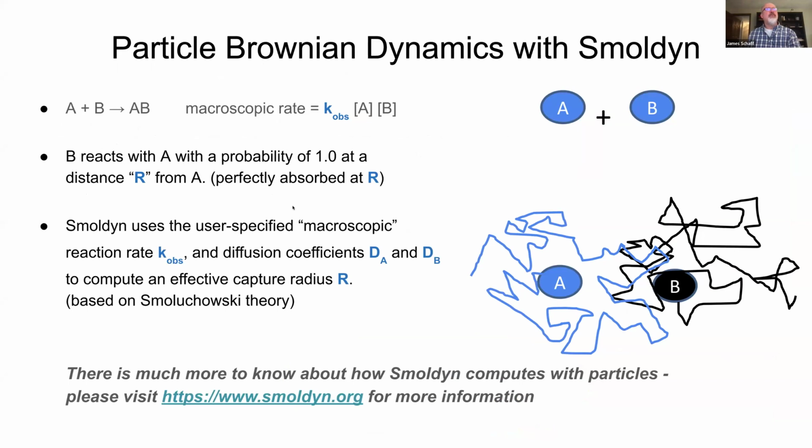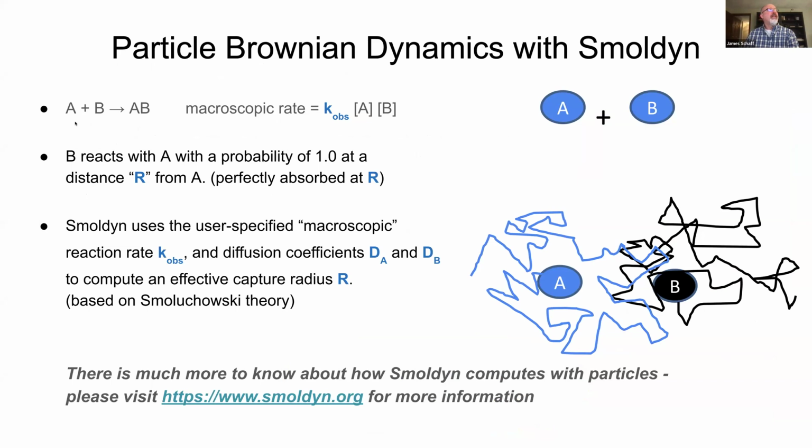So just a super brief review of the way SmolDyn handles the transport and the chemistry. We're talking about particles that are spatially resolved. They're essentially like spheres. They don't have a shape, but they have a size and a location, and they can have a state. They know what kind of molecule they are.